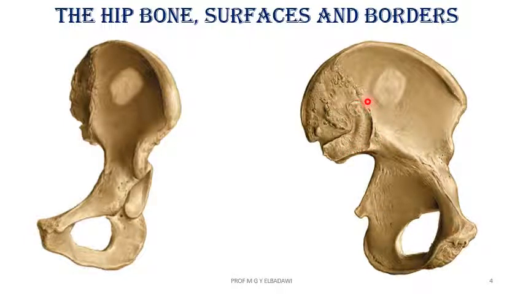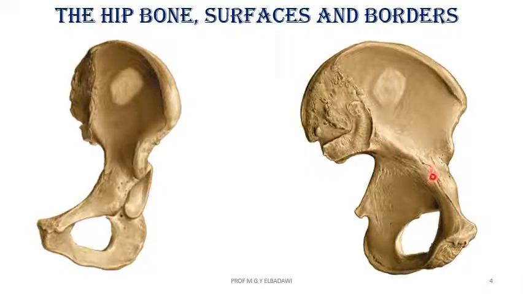That is the iliac fossa here, which gives origin to the iliacus muscle. That is the anterior superior iliac spine, the anterior inferior iliac spine, the posterior superior iliac spine, and the posterior inferior iliac spine. That's what we call the arcuate line.